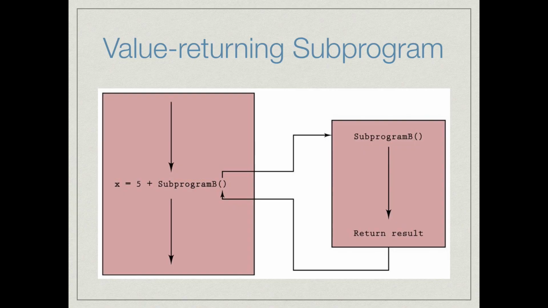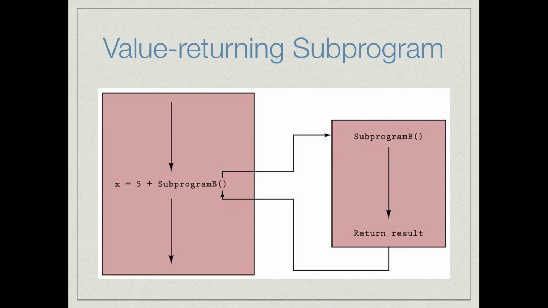This is one where the result actually influences the execution of the main program that calls it. So if your program is going, and calls subprogram B, or function or method B, which performs some calculation we don't really know and returns the result, that then gets incorporated into our calculation for X. And then X is used later on in the program for whatever we were doing originally.